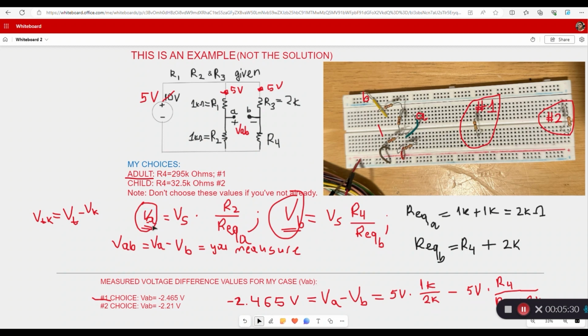So VA, using voltage divider, I will have total voltage, which is 5 volts voltage source, multiplied by R2 over our equivalent resistor, which is gonna be 2K here, and for VB I will have source voltage multiplied by R4 over our equivalent resistor for case B. And at right hand side I just defined what those equivalent resistors are.